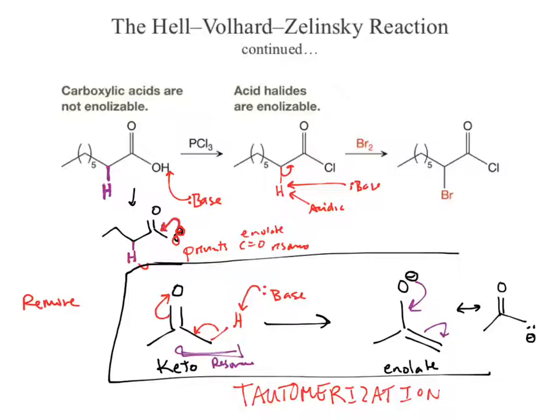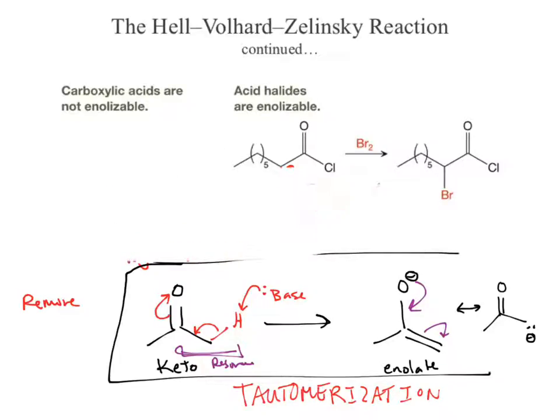So our acid chloride, even though it's an acid derivative, is enolizable, while carboxylic acids are not. And they're not because of that extra strong resonance, because of that acid-base characteristic that happened first. Kind of makes sense?